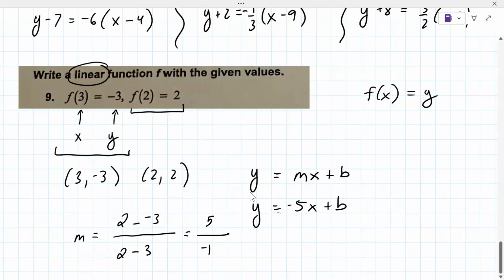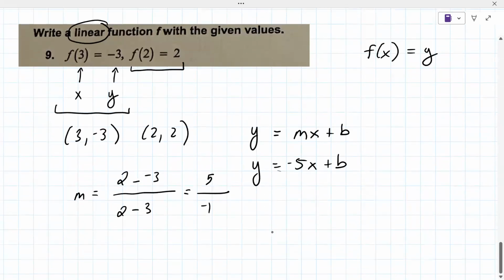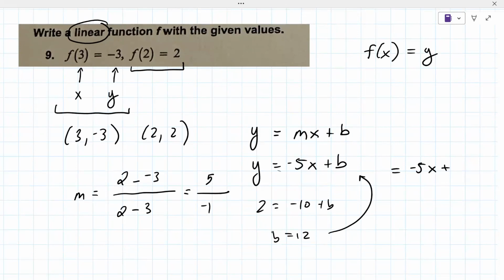Just plug in a point. Okay, so 2, 2. Exactly. So 2 equals -10 plus b, so b is 12. So then you put it back in, it's -5x plus 12, and you'll see that that's letter P. I don't know if you care to do that part at the bottom, but that's what it is.